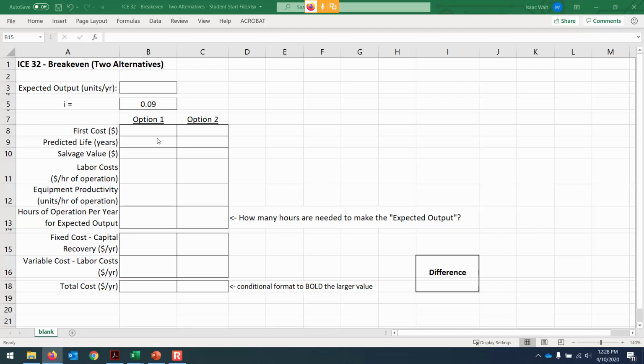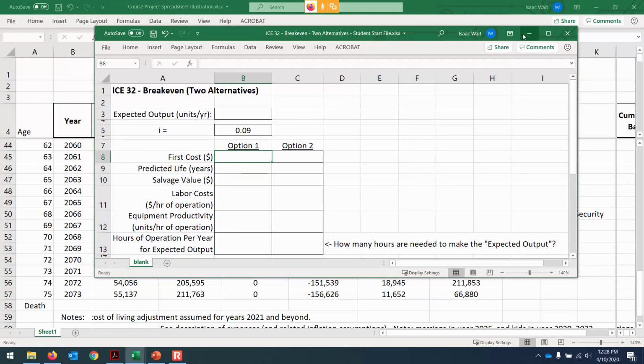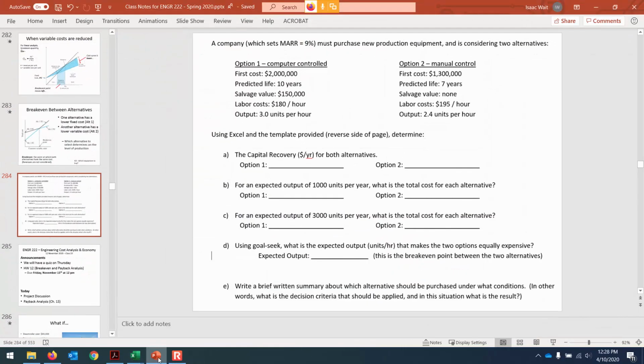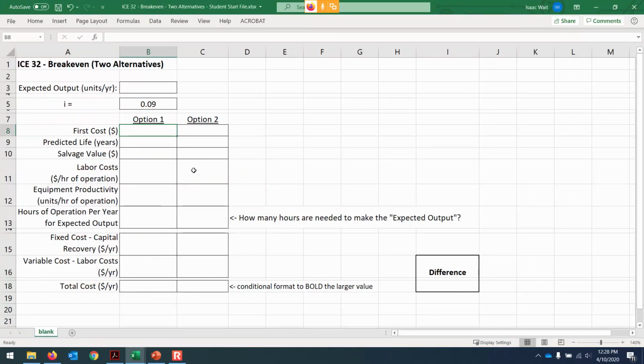Alright, so capital recovery, let's see, put in our first cost. What was that? 2 million versus 1.3 million. The computer controlled lasts for 10 years.